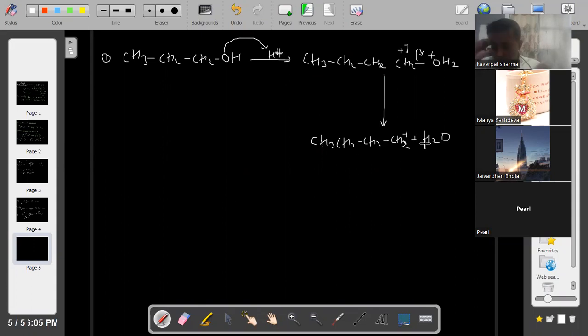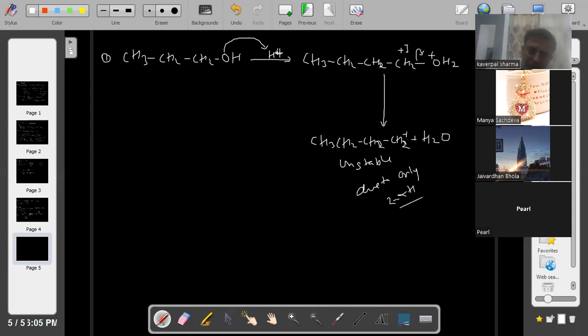Okay. But this carbocation is not stable. This carbocation is unstable due to very small hyperconjugation, only two alpha H hyperconjugation.